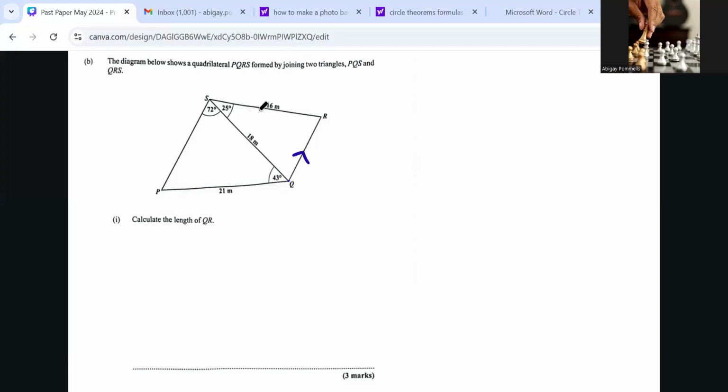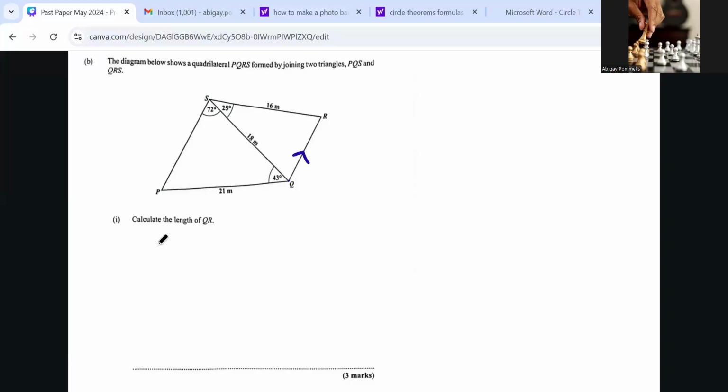So we're going to use our sine rule or cosine rule, which you can find once again on the first page of the list of formulas. See it here, the cosine rule. This is the formula for the cosine rule.